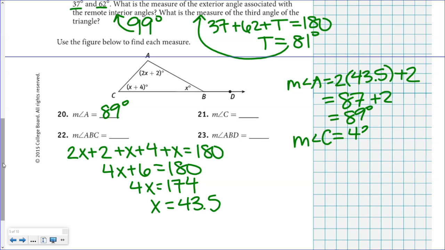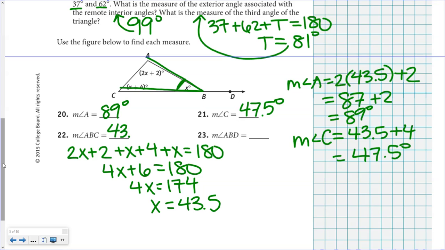So 43.5 plus 4 is going to produce 47.5 degrees. So angle C is 47.5 degrees. For angle ABC, it is just x. So we have 43.5. So that angle is going to be 43.5 degrees.